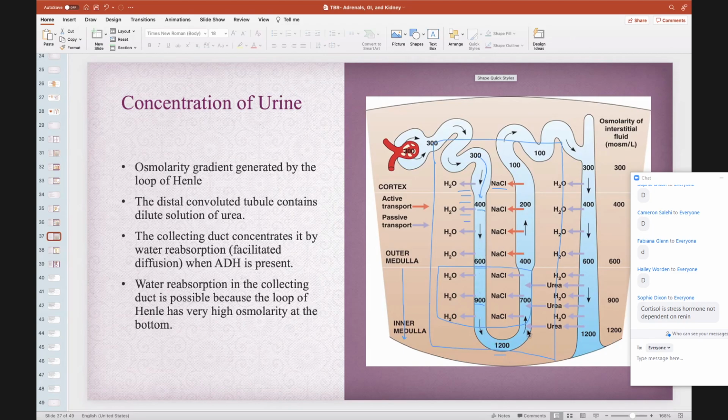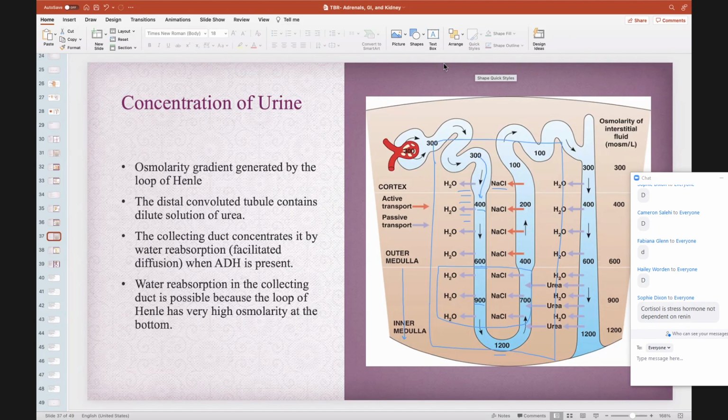As we go back up, we have a very concentrated filtrate, but we continue to pump out the sodium chloride. It gets more concentrated because we're extracting water, and more dilute as we're taking out the salt. That's inside the filtrate. But this interstitial space is balancing out with what's going on in these loops of Henle, near the inner medulla.